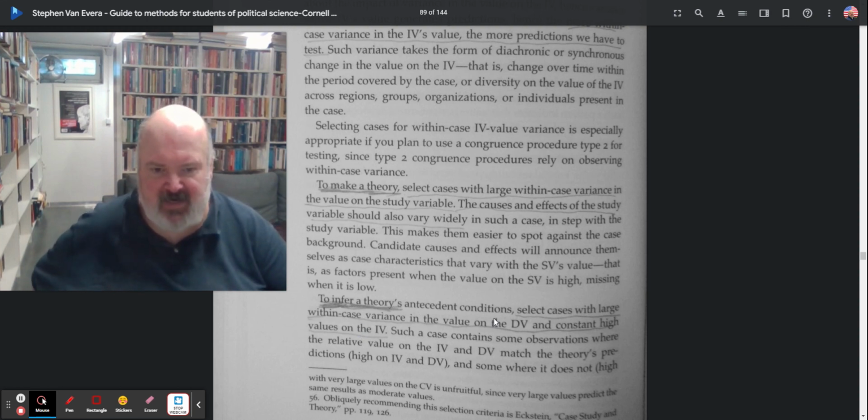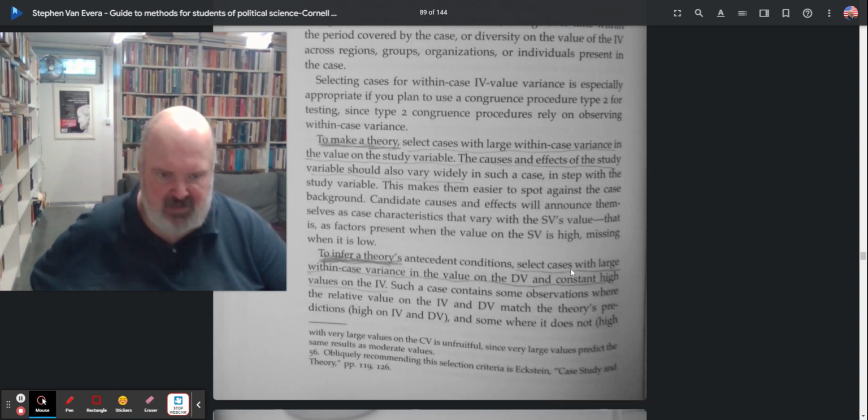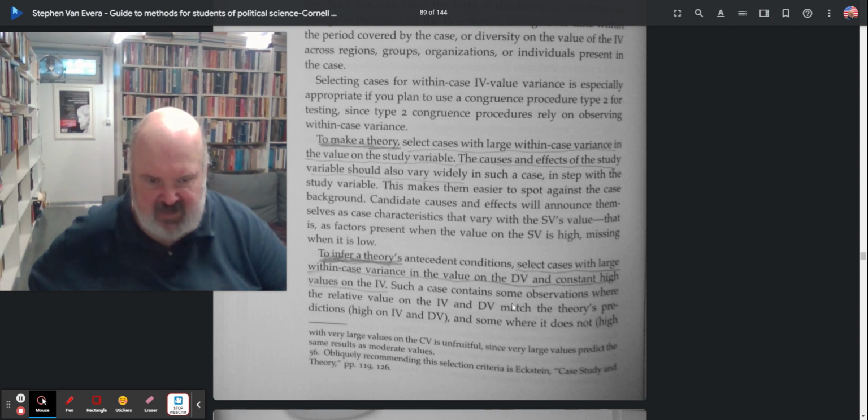To infer a theory's antecedent condition, select cases with large within-case variance on the value of the DV and constant high values on the IV. Such a case contains some observations where the relative values on the independent and dependent variables match the theory's predictions.